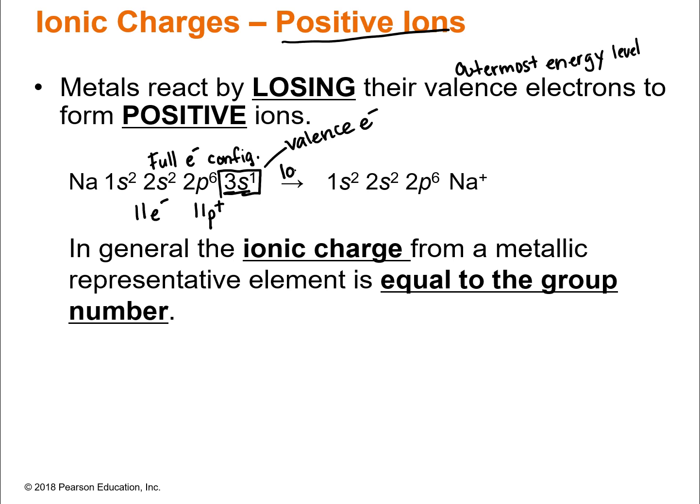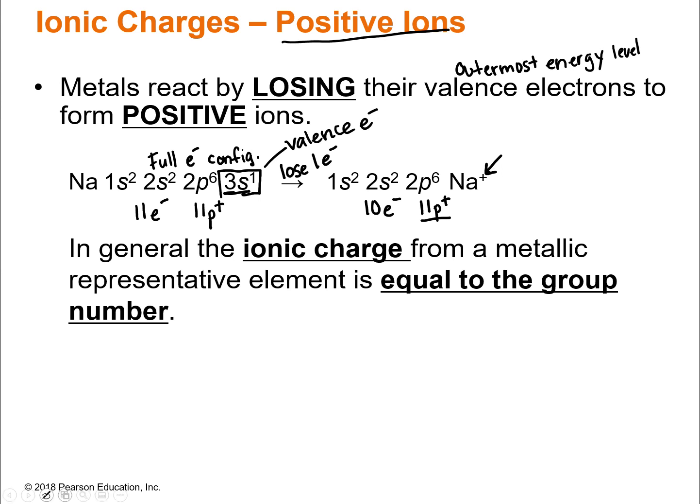If we lose this one valence electron, we now only have 10 electrons, but we still have 11 protons. They're not equal. You have more protons than you do electrons, so you have a positively charged ion. Hence, there's the plus sign. So that is the sodium ion.